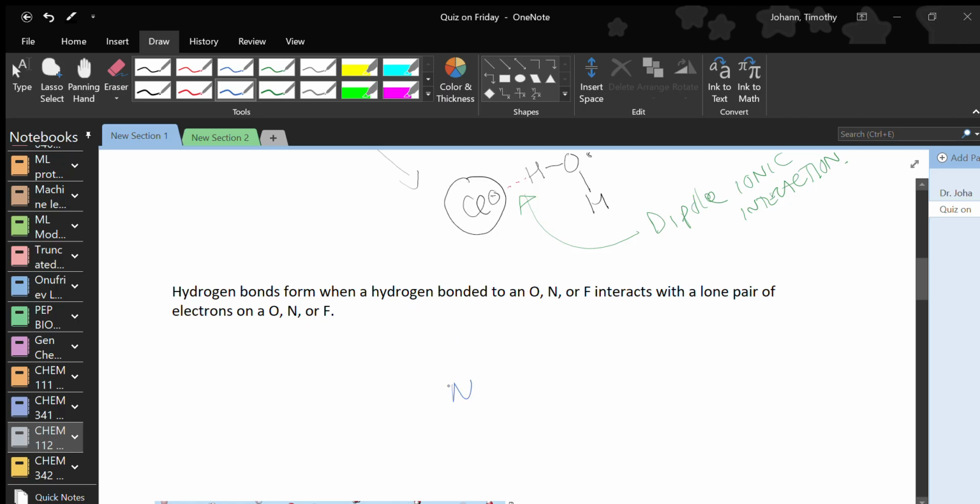So let's go ahead and do cyanide for that. That's a good example for us. Can you repeat that? Like if you had ammonia as another example, would hydrogen bonds form in both of those cases? Because it says hydrogen bonded to oxygen, nitrogen, or fluorine, so I'm just confused.